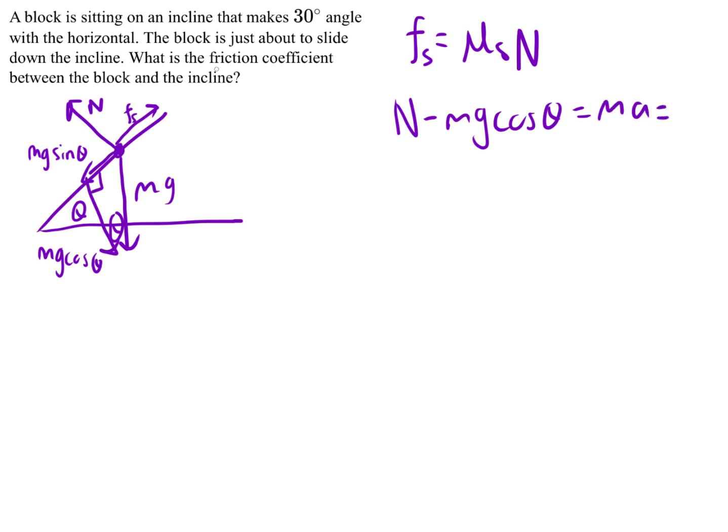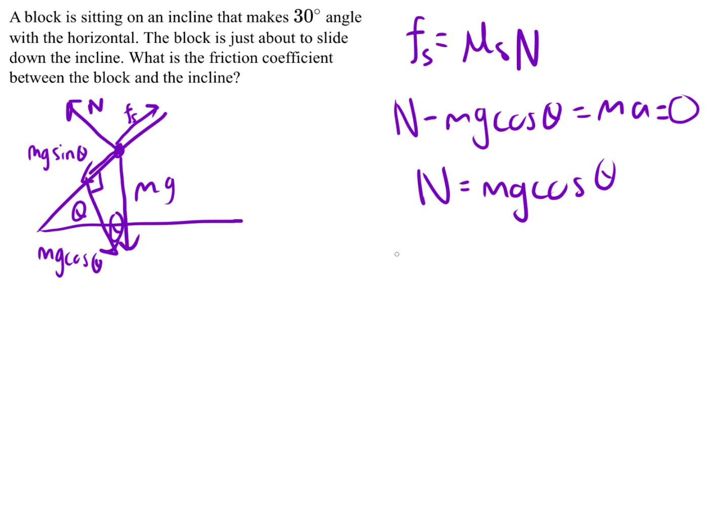But since the block is just about to slide down, that implies that it is currently stationary. So the acceleration is 0, therefore the whole side is 0. So from that, we see that the normal force is equal to mg cosine theta. And then you can plug that in a moment.